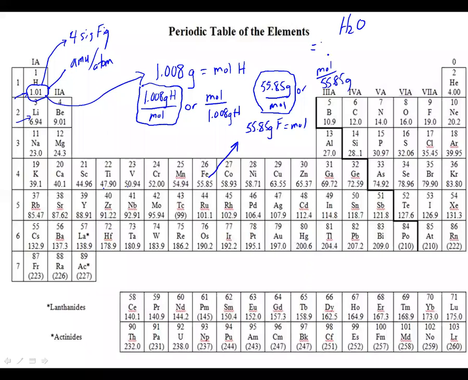Since there's two hydrogens, 1.008 grams per mole, and there's one oxygen, which is basically 16 grams per mole, that would give us a molar mass for water of 18.02 grams per mole. Again, the number stays with the grams, per 1 mole. We could do that for anything else that you find.